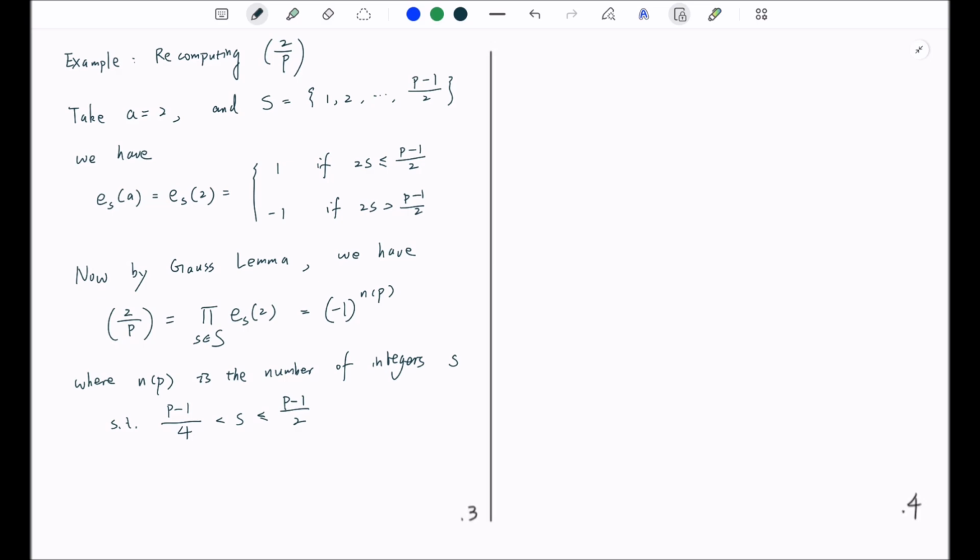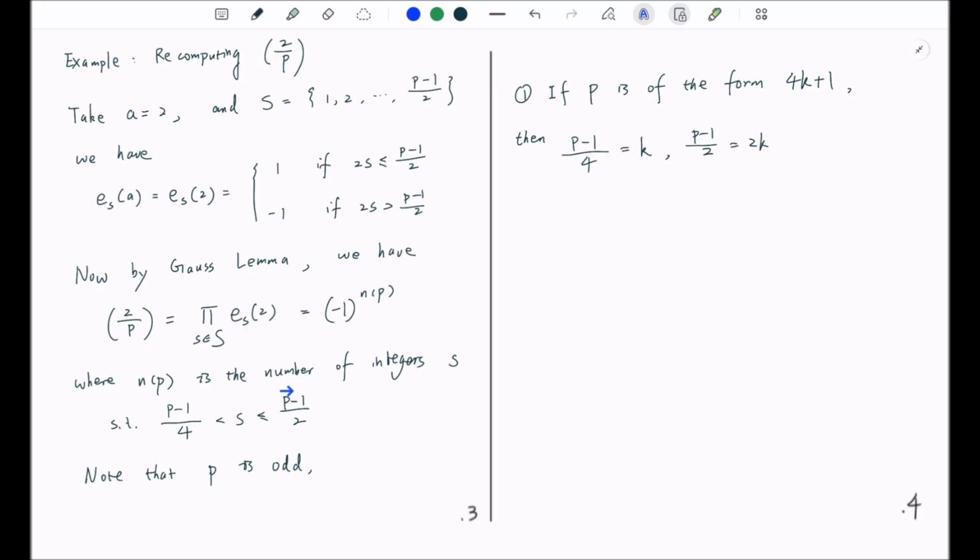We'll talk about this in two cases. Note that p is an odd prime. We have two cases. First, if p is of the form 4k+1, then (p-1)/4 is equal to k, and (p-1)/2 is equal to 2k.